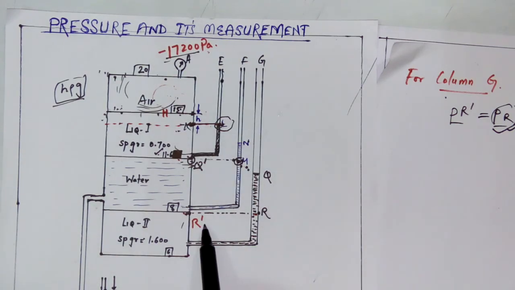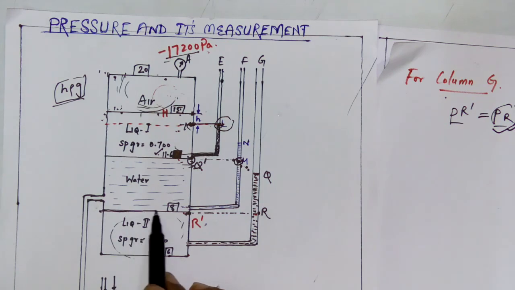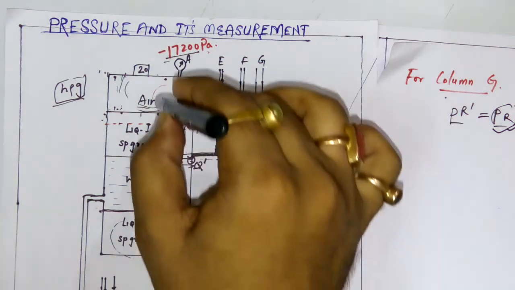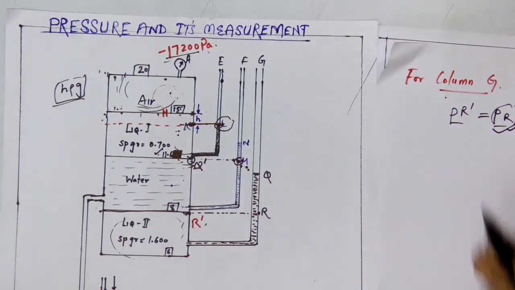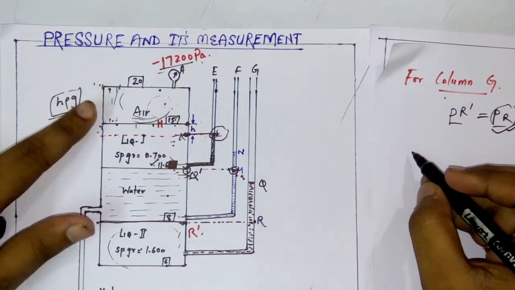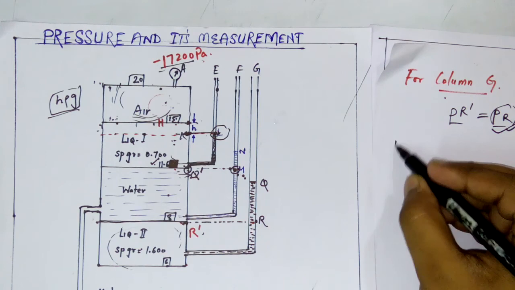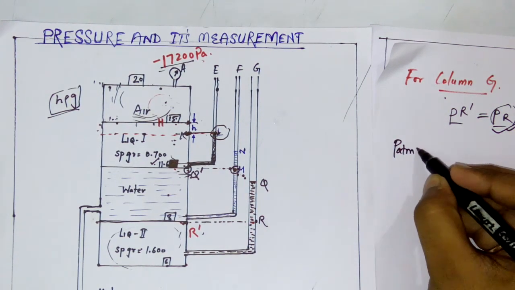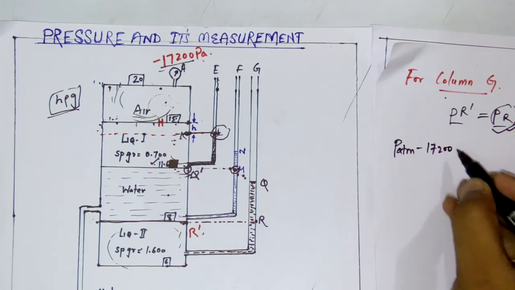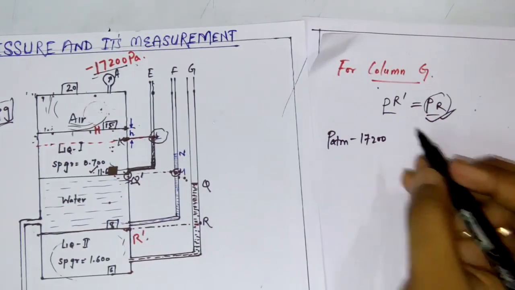Now what is the pressure at this point? The pressure at this region is due to the pressure of here, here, here. What is the pressure due to this air chamber? It is nothing but P ATM minus 17200.